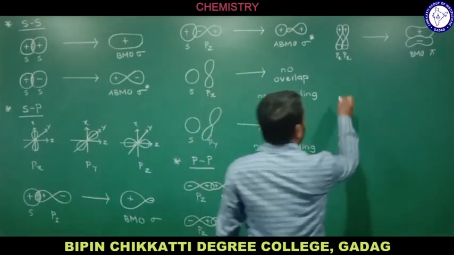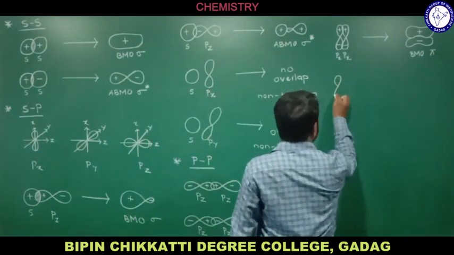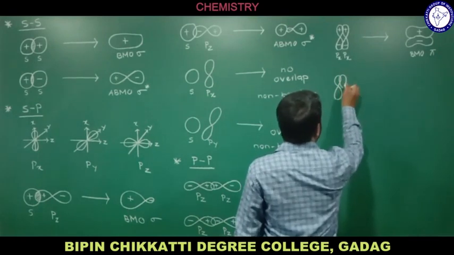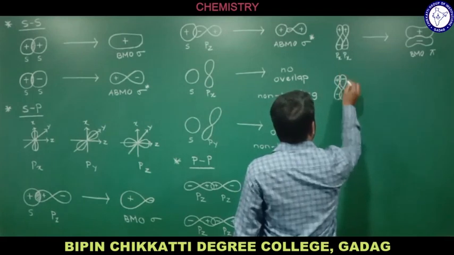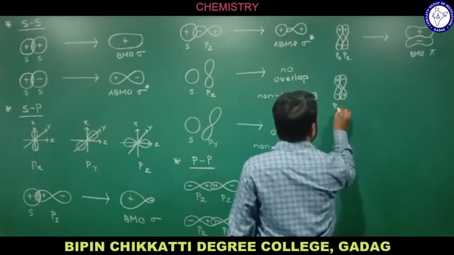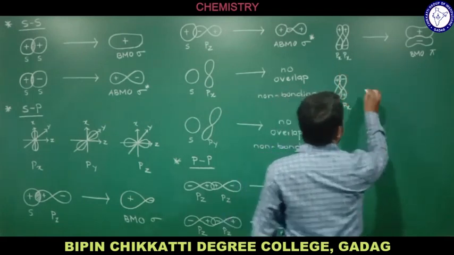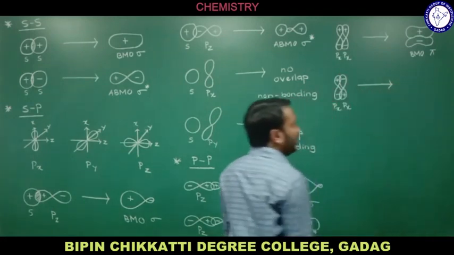So now we'll see what happens if the lobes of different sign overlap. So plus minus I consider, opposite of that minus and plus, this is px and this is px, and there will be a formation of ABMO.